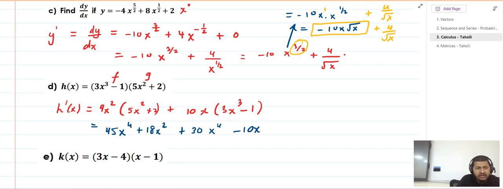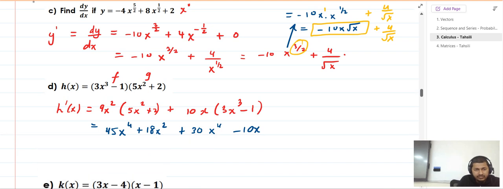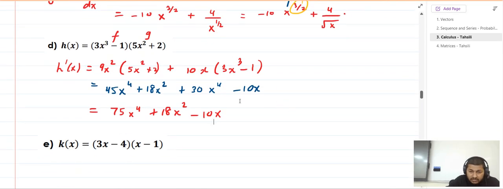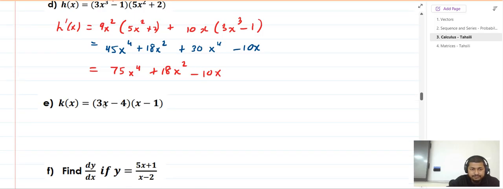Now we will write it in polynomial order. 45x to the power 4 plus 30x to the power 4 is 75x to the power 4. 18x squared, that's it. 18x squared minus 10x, that's it. That's my answer. I hope you guys are understanding. If you're not understanding, don't forget to leave comments in the comment section below.